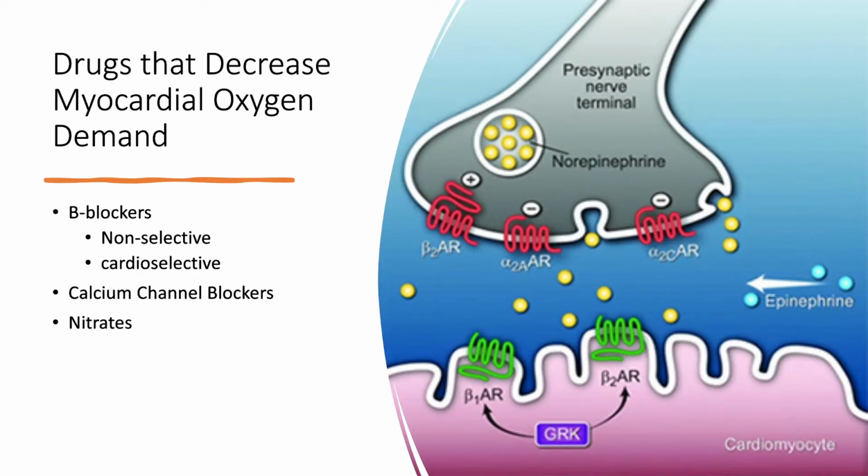So if there's some sort of occlusion, nitrates cause dilation, which increases supply, but also they blunt contractility and slow down heart rate. So they're under decreased demand as well.